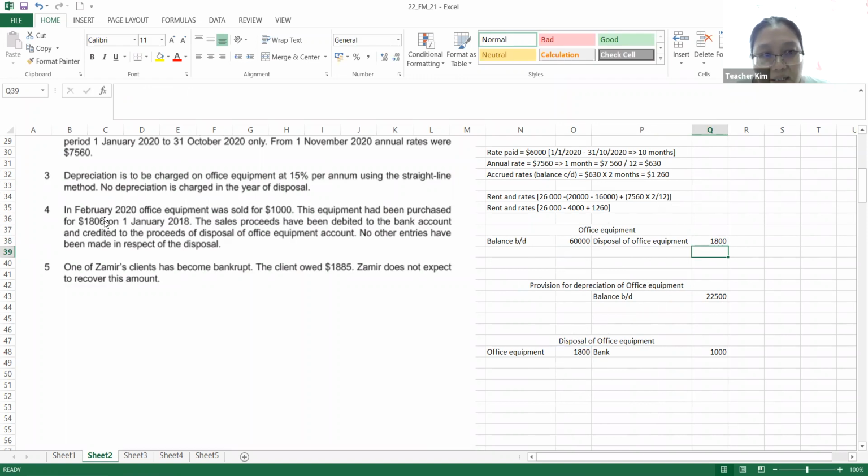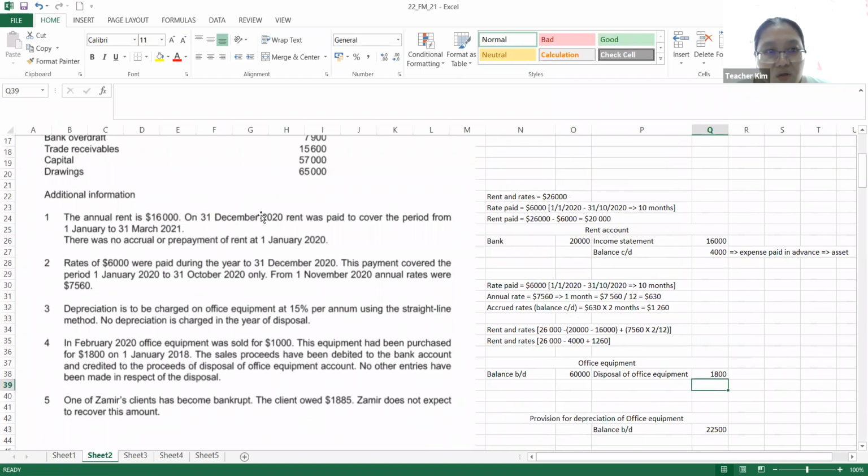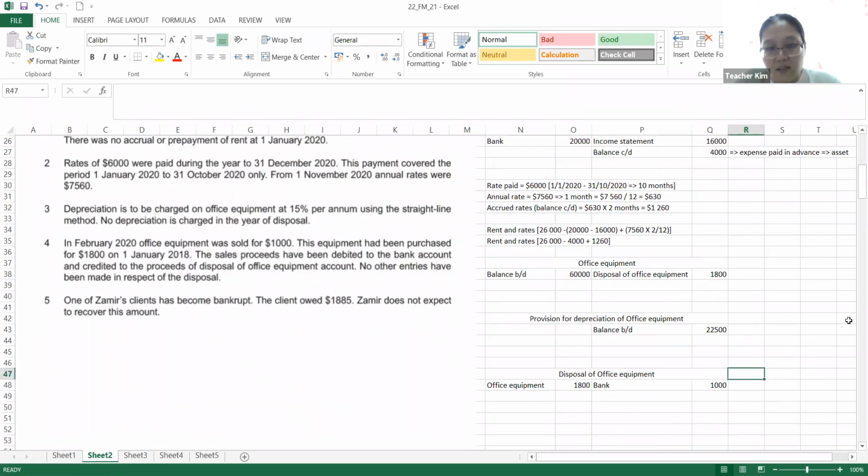Now they say that this asset was bought on 1st January. What is the financial year that you are calculating? You are calculating 2020, from January 2018. So how many years did you use it? So this disposal of the asset, purchase date on 1st Jan 2018.